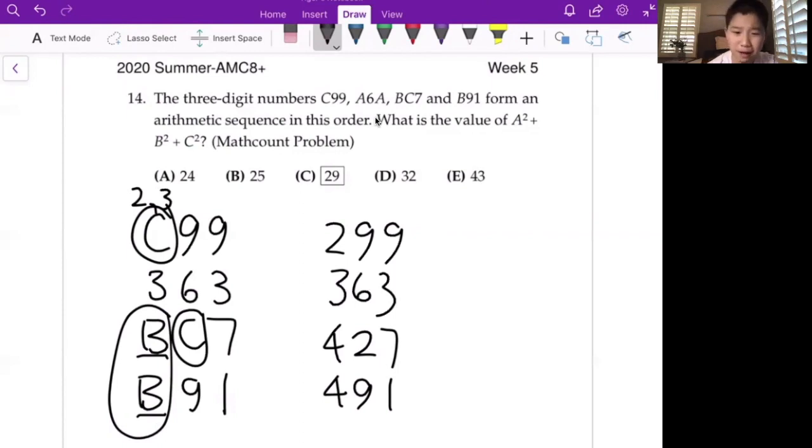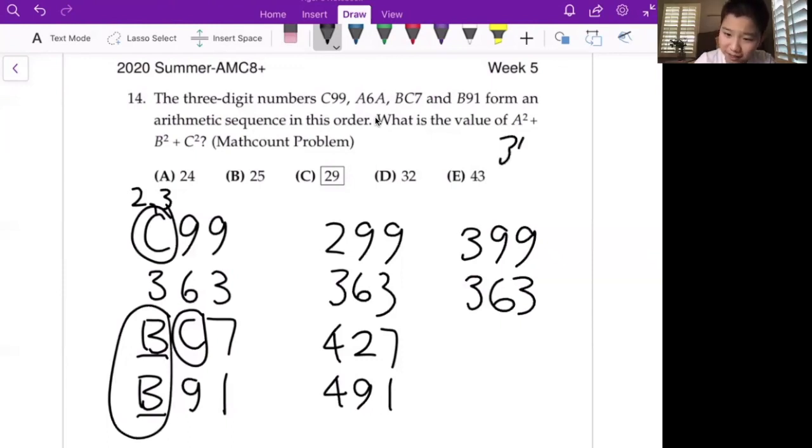But let's think about what happens in the other case. Well, you can say you're already done here, but it's good to always check. When you have time, that is. 399 and then 363. The common difference is 363 minus 399, which is negative 36.